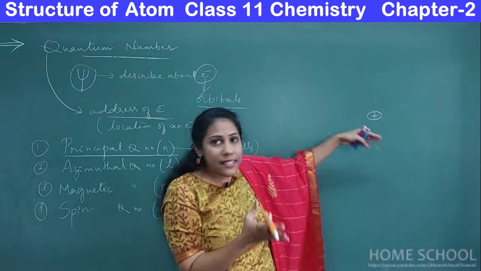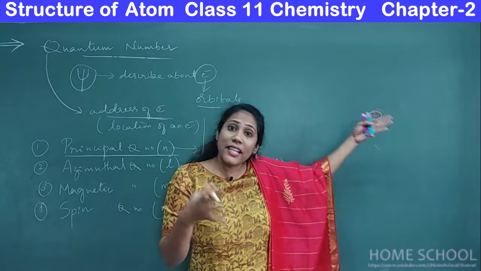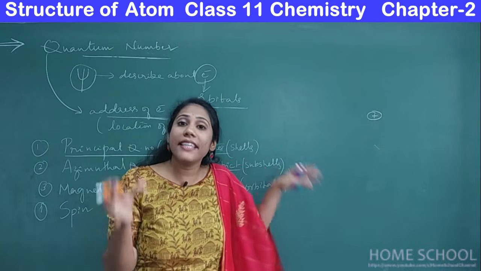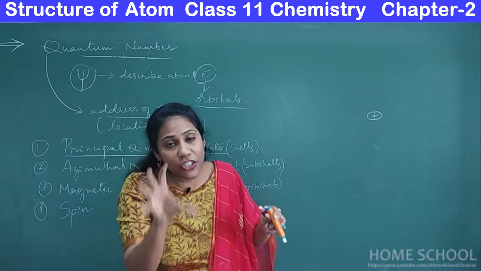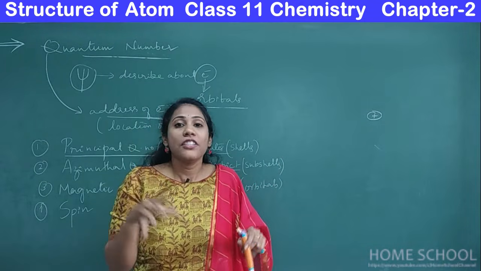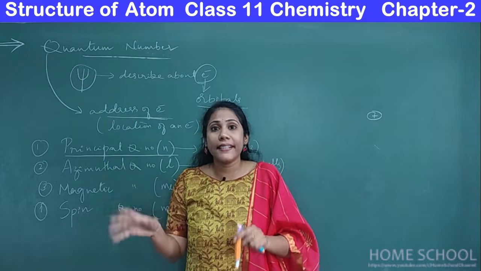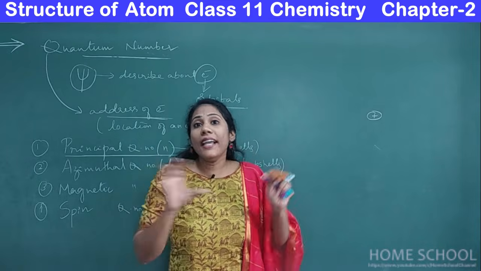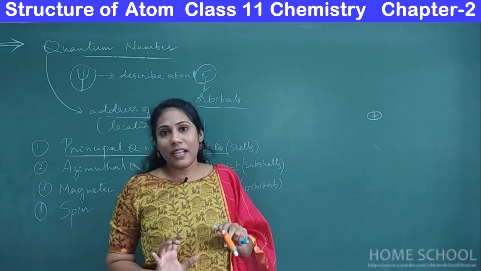Shells are again divided into subshells. Subshells have orbitals, and inside the orbitals the electrons are present. Orbitals are just small regions, just like in a state you have districts, and towns and cities where you live. Small areas where the electron is living or revolving are your orbitals.